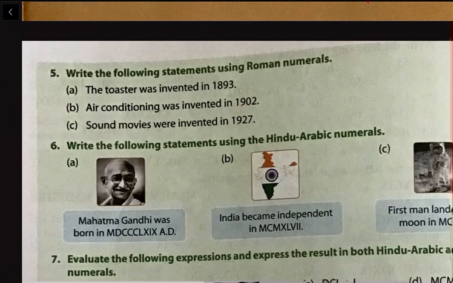Write the following statements using Roman numerals. The toaster was invented in 1893. How can we write 1893?